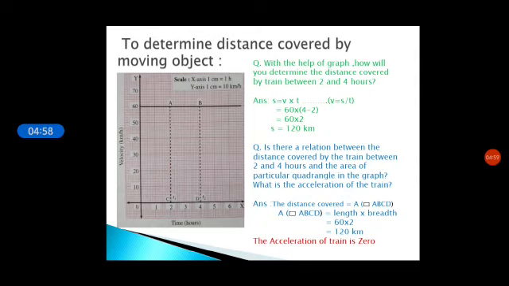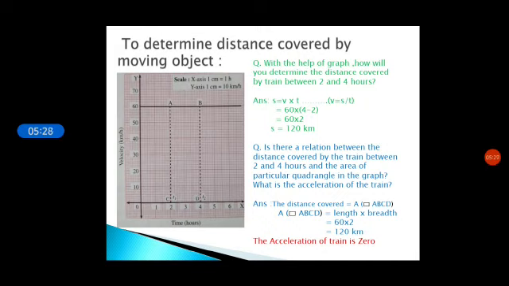The second question: is there a relation between the distance covered by the train between the second and fourth hours and the area of a particular quadrangle in the graph? Yes, both are related to each other and the values are the same. What is the acceleration of the train? The distance covered is nothing but the area of quadrangle ABCD. Here the quadrangle ABCD is a rectangle.